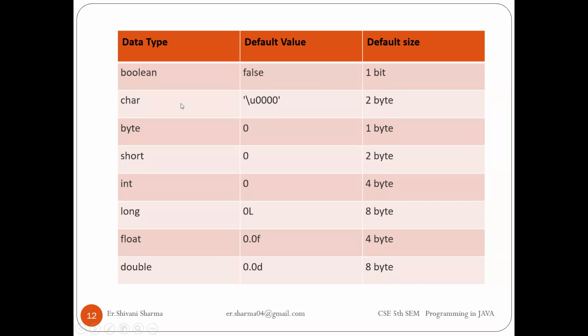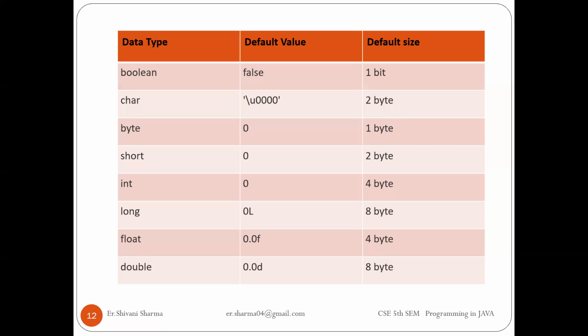Similarly, if you are using the char data type, then by default, if you are not taking any value, it will store this value. Here you can see that Java uses the Unicode system. Java uses the Unicode system. And the memory occupied by a particular character is 2 bytes.